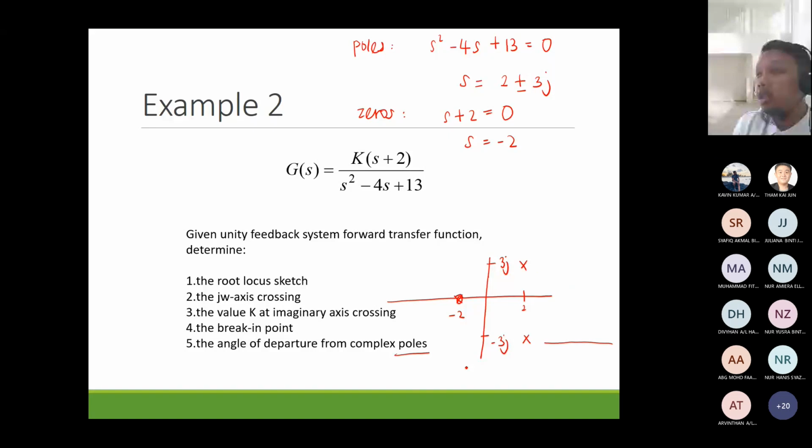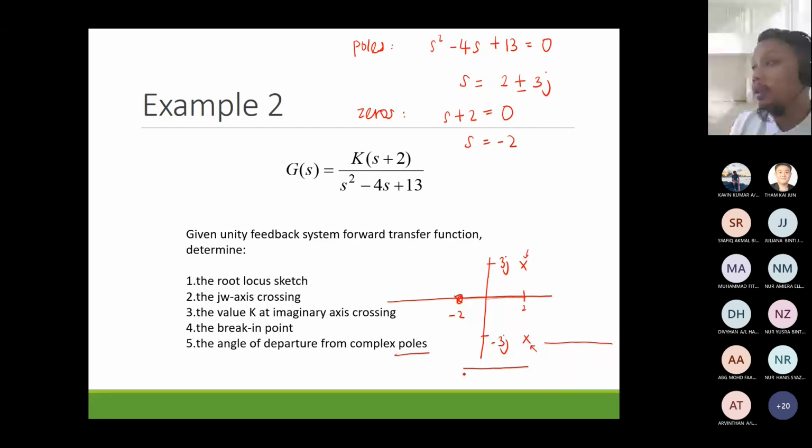And then from 2 until minus 2, we have 2 poles, which are located here. When we have 2 poles, it's an even number, meaning there will be no root locus on this real axis.